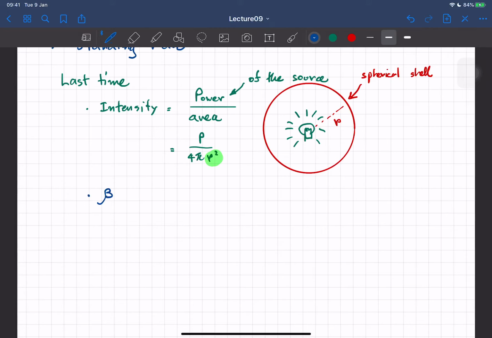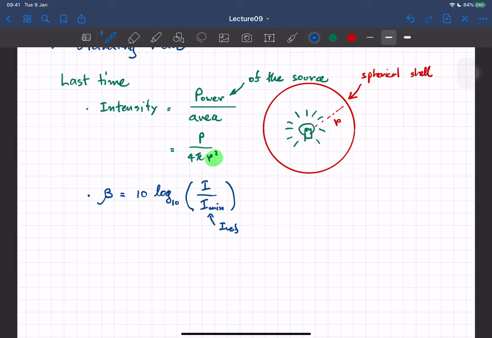So the loudness in decibels, which we use beta as a symbol for. It's defined to be 10 times the logarithm base 10 of the intensity at any point that you want to calculate, and then you need to divide by some reference intensity, which we call I min or I ref.